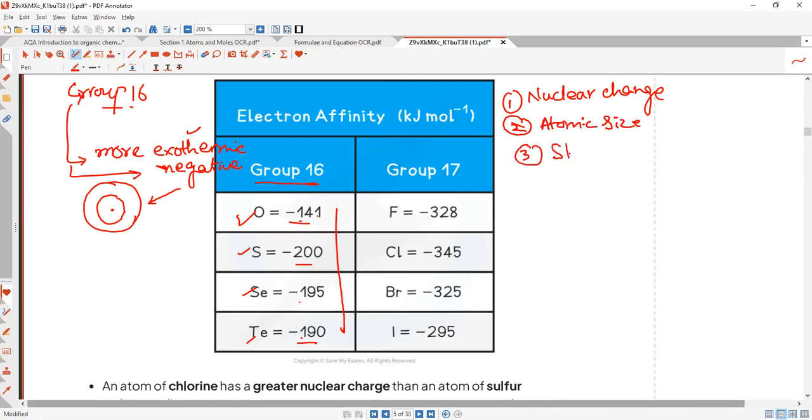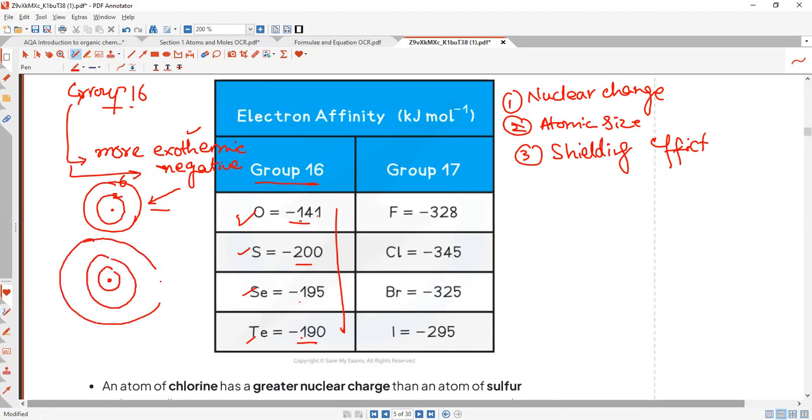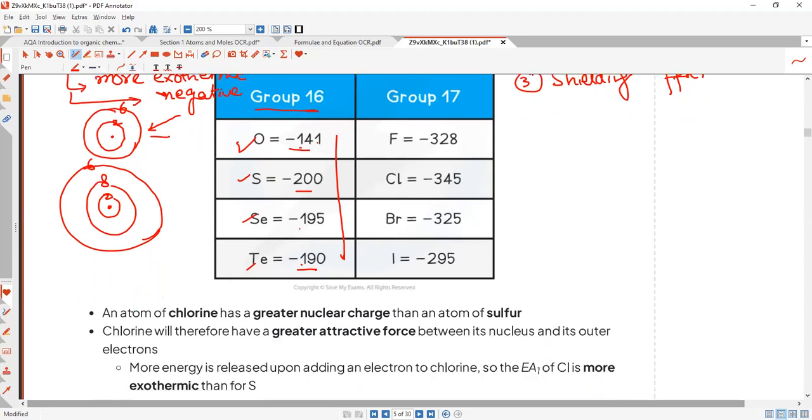So when we look at these structures of oxygen, sulfur, and tellurium, oxygen has 2 electrons in the first shell and 6 electrons in the last shell. But sulfur has 3 shells: 2 electrons in the first shell, 8 electrons in the second shell, and 6 electrons in the last shell. In the same way, tellurium has 4 shells.